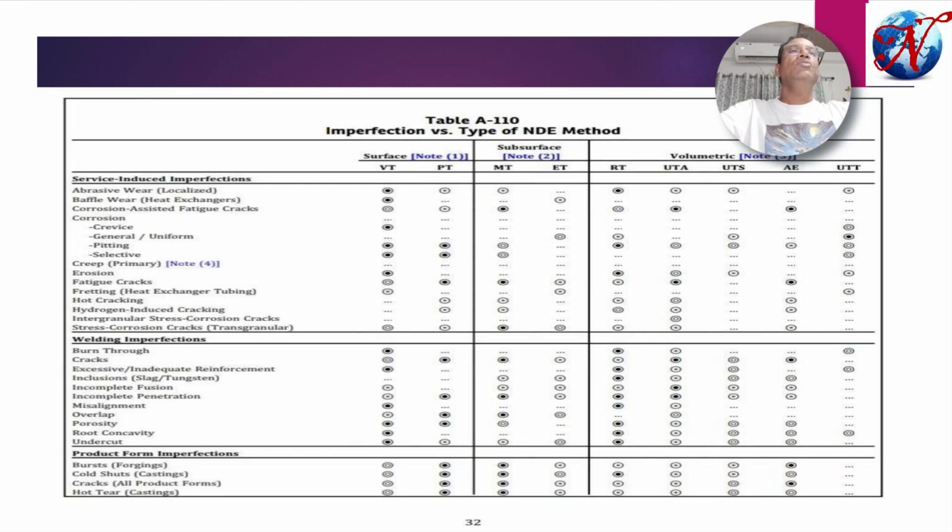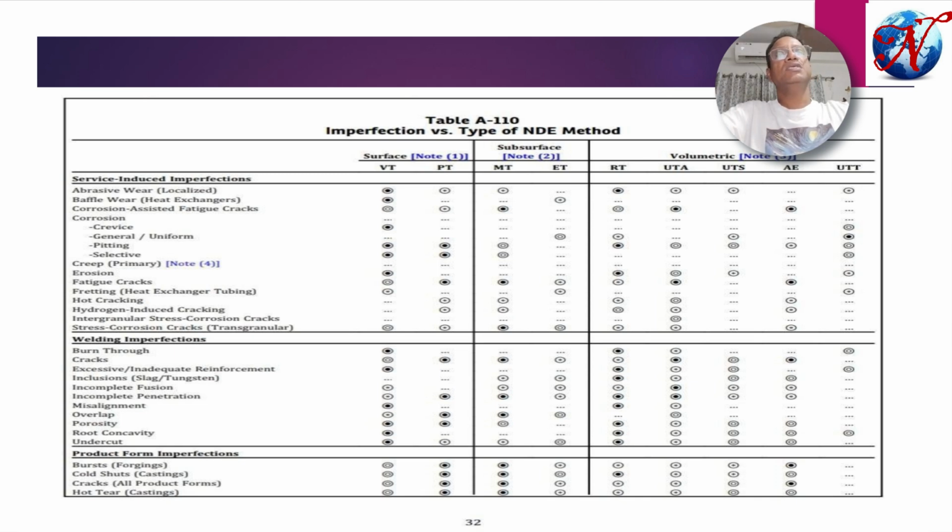Whichever NDT is selected, the most important thing is the POD, probability of detection, to identify that particular defect. You can follow table number A110 according to ASME Section 5, Article 1, which is considered as imperfection versus type of NDE method.